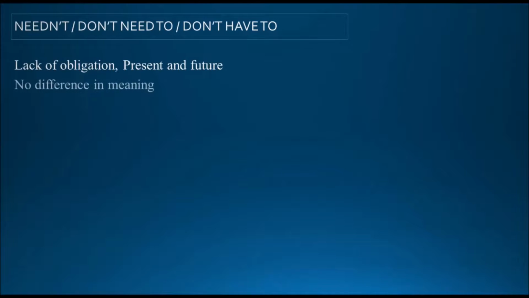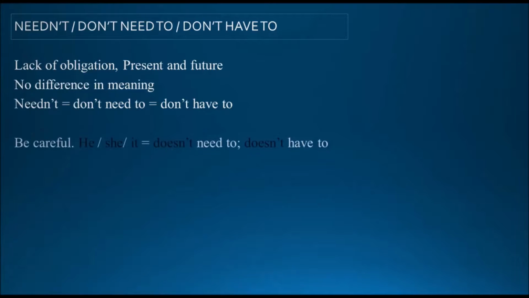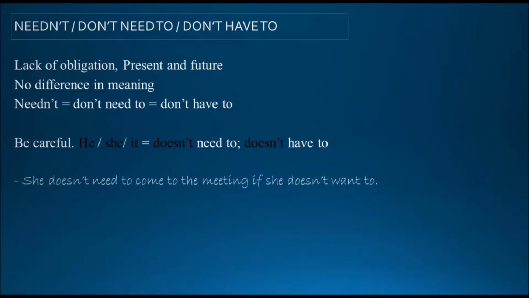There is no difference in meaning between needn't, don't need to, and don't have to. Be careful when using he, she, or it. The auxiliary verb is doesn't need to and doesn't have to. She doesn't need to come to the meeting if she doesn't want to. You don't have to wear a uniform at our school.